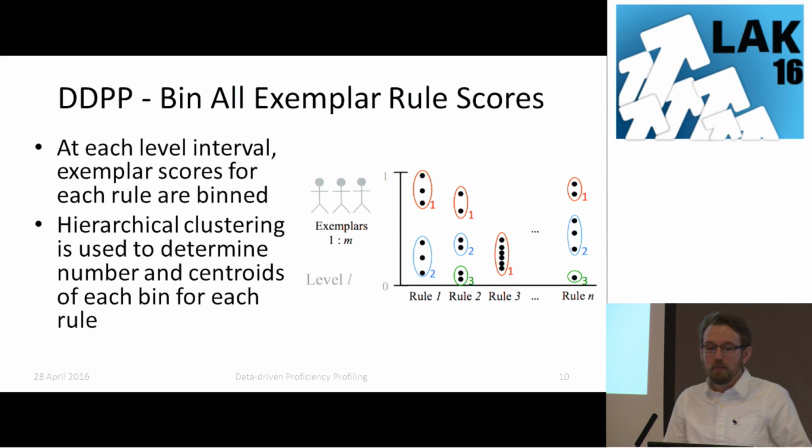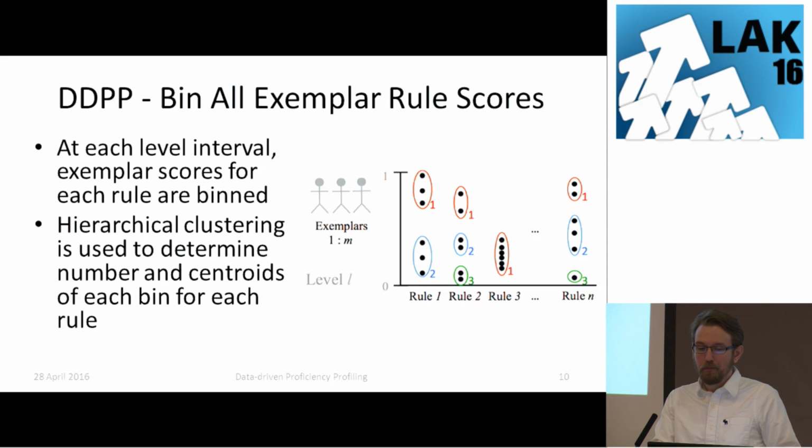So for data-driven proficiency profiling, or DDPP, the first step is we take all those scores that we had before, so all those KC scores, and instead we use hierarchical clustering in order to determine a set of bins or clusters of people who have similar KC scores.